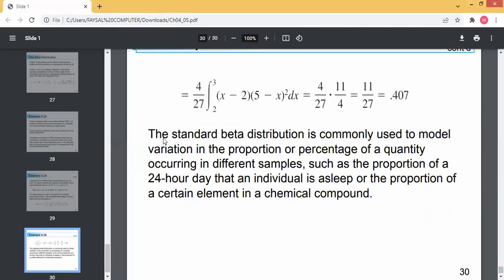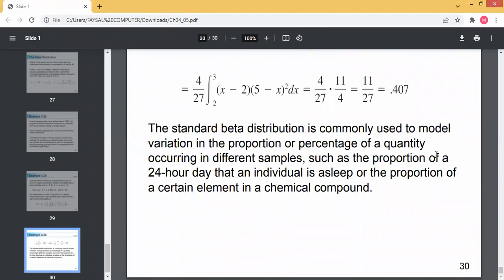The standard beta distribution is commonly used to model variation in a proportion or percentage of a quantity occurring in different samples, such as the proportion of 24 hours that an individual is asleep, or the proportion of a certain element in a chemical compound.